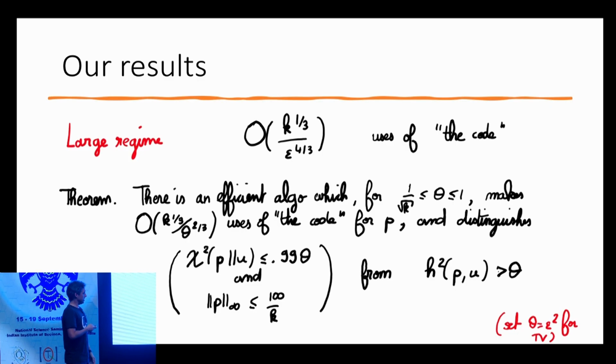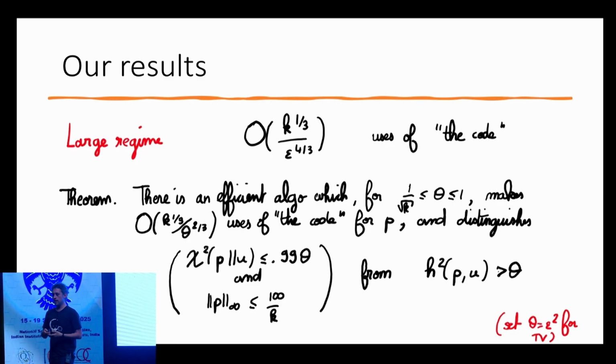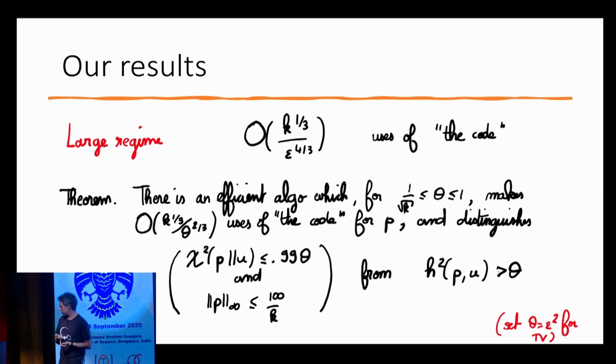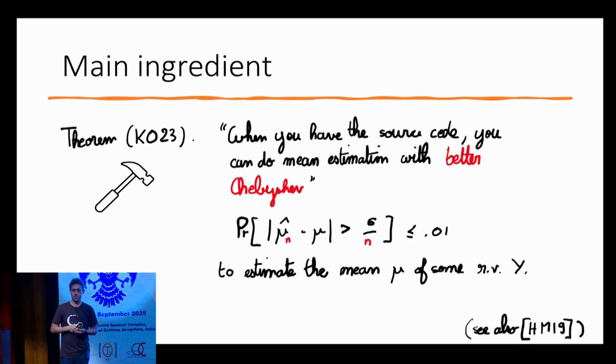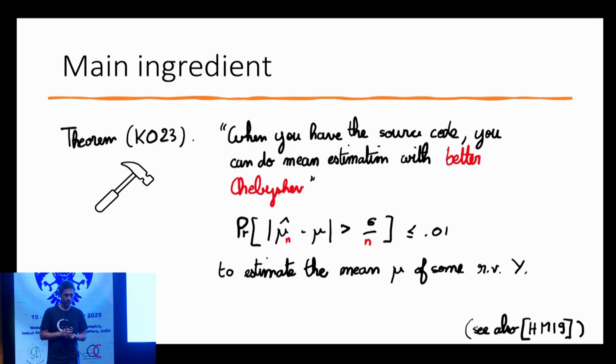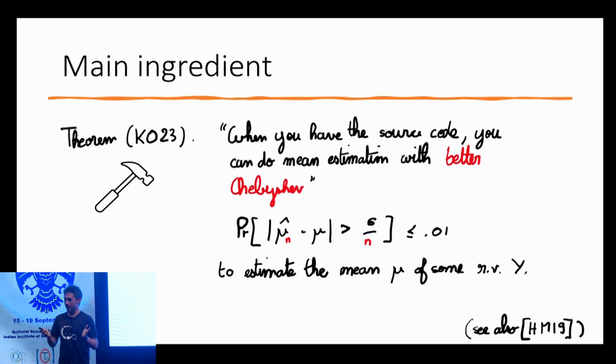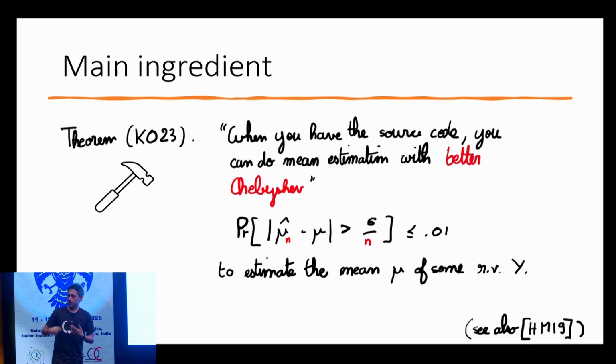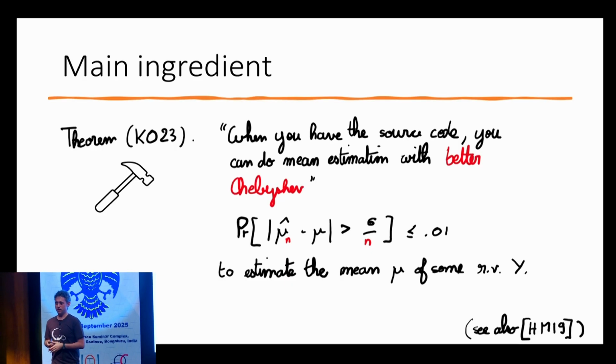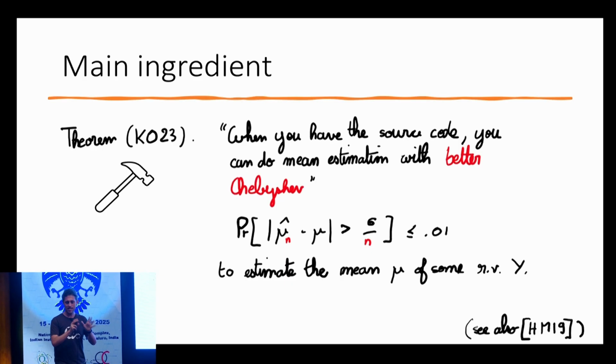So we want to prove this. And to prove that, we're going to build on a recent paper by my two co-authors, on mean estimation when you have the source code. And again, if you don't care about uniformity testing, I hope you do, or about the generalization to an arbitrary reference distribution, at least get that out of this talk.